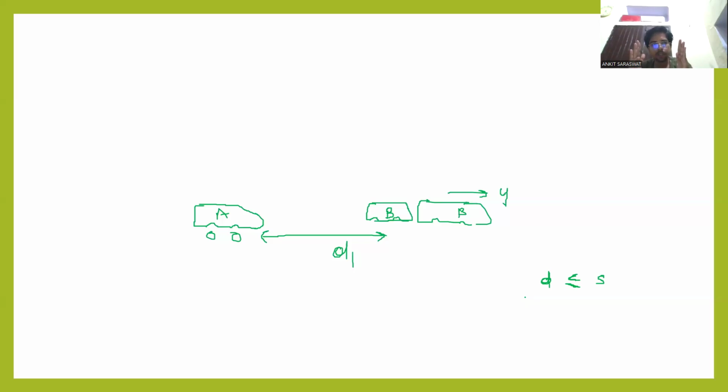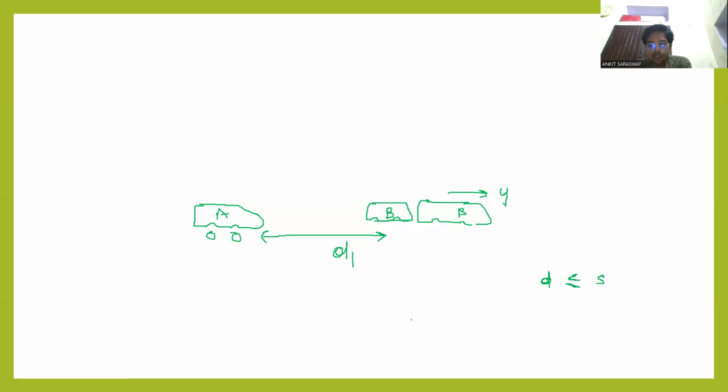He will apply the brake in such a way that he gains the common velocity at this point, which means car A will travel the distance D. It should be less than or equal to S. Car A either travels S or less than S. Then there is no collision. These two cars should not touch each other. Is collision clear to you?